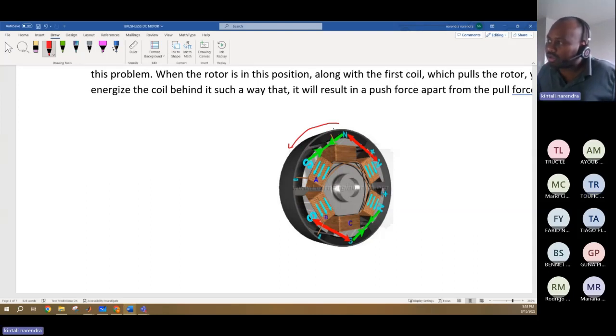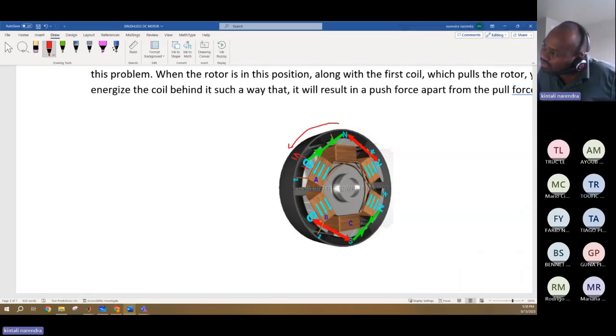The black one is the rotor. Now the rotor rotates. Now again, if this is a south pole, you will change this to a north pole. Once this N is here, this N will come here because of the repulsion and attraction forces.